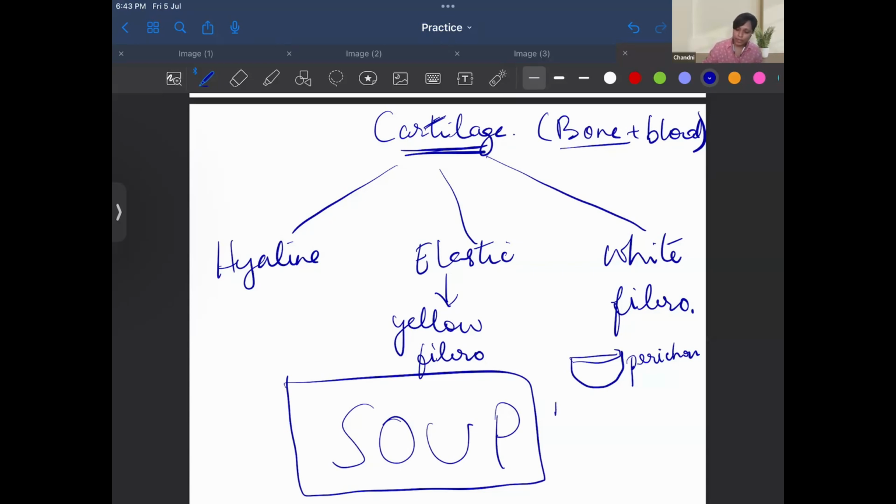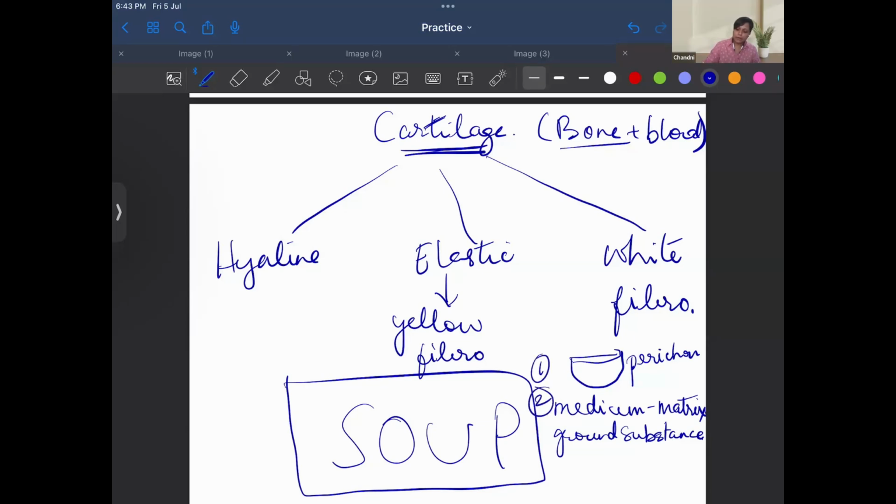So let's say your medium to make the soup is the matrix, or it's called the ground substance. The medium in which all the other components float is called the ground substance or the matrix. This is your stock, vegetable stock, chicken stock, water.